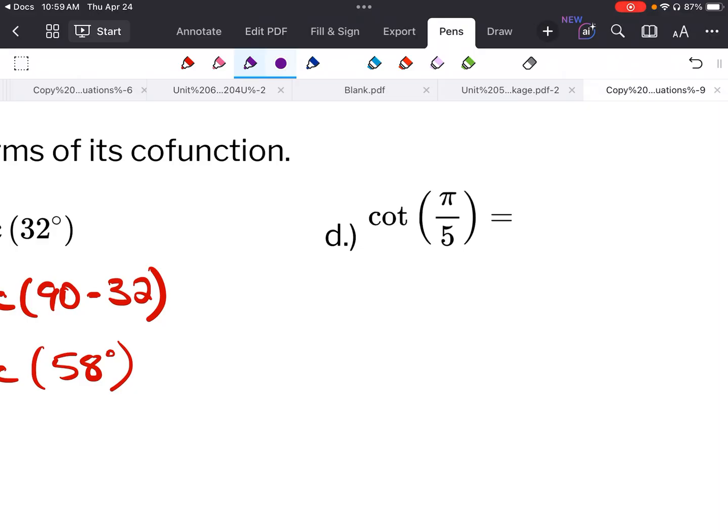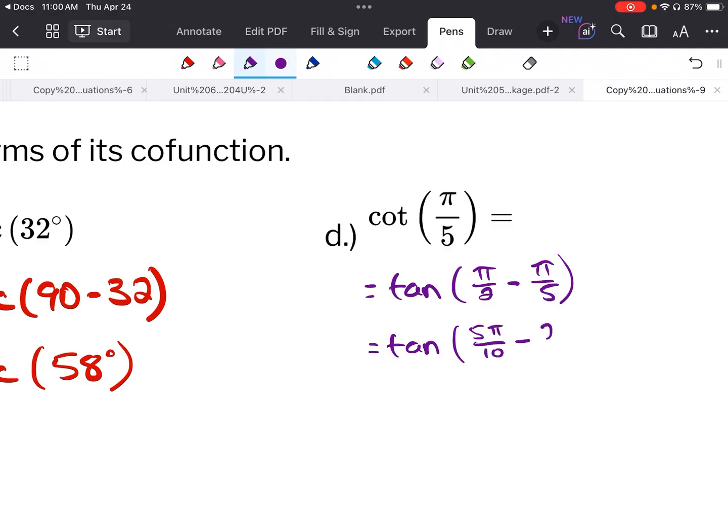So cotangent goes with tan. So this is going to be the tan of pi over 2 take away A. Again, we need a common denominator. So we have 5 pi over 10 minus 2 pi over 10. And it will be the tan of 3 pi over 10.